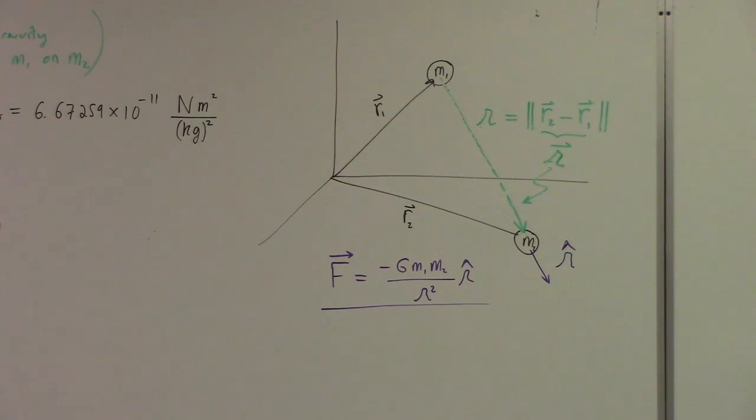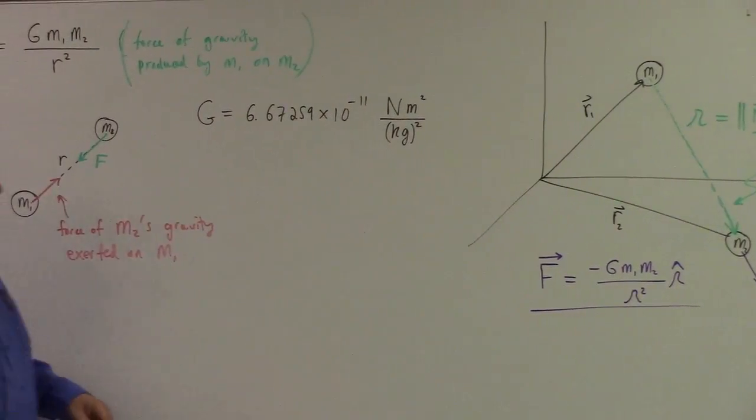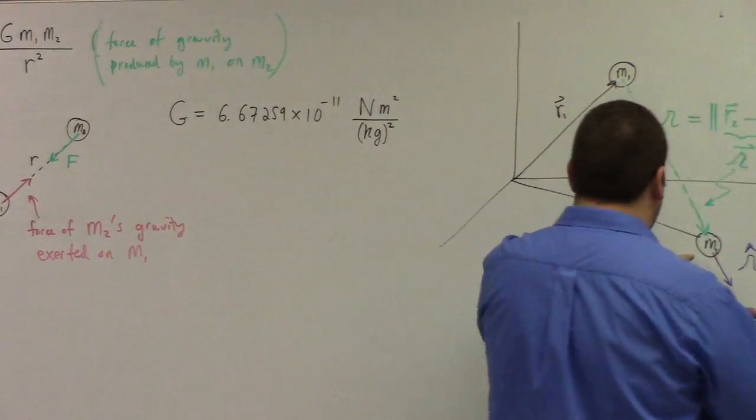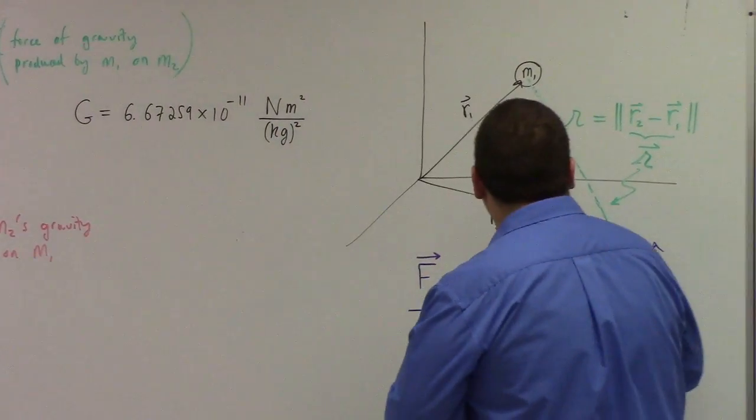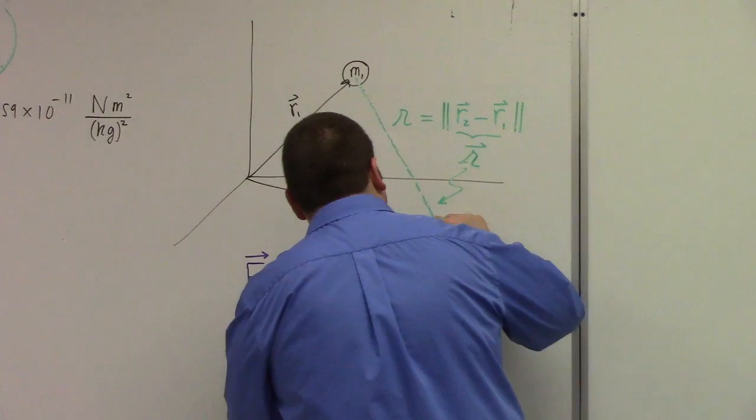Well, if it was plus, it would be like this. The minus says that the force of gravity, so what I'm telling you is the force of gravity, gravitation produced by m1 on m2, it looks like this, right?